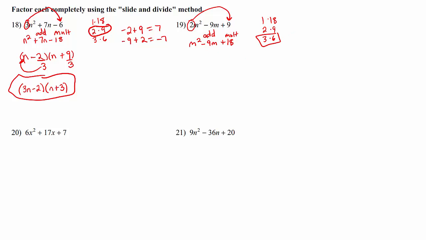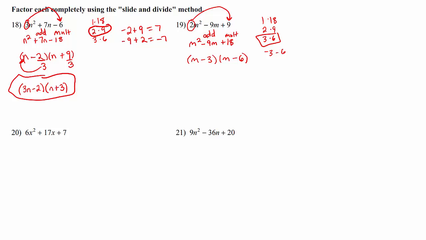Now, in order to add and get -9, we need them both to be negative. -3 plus a -6 is -9. And that also makes sense because in order to multiply and get a positive, they would both need to be positive or both need to be negative. So this is m minus 3, m minus 6.